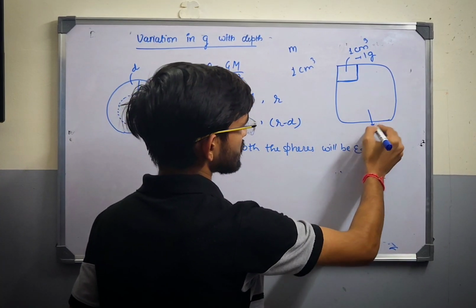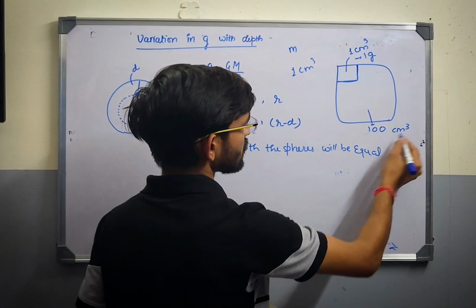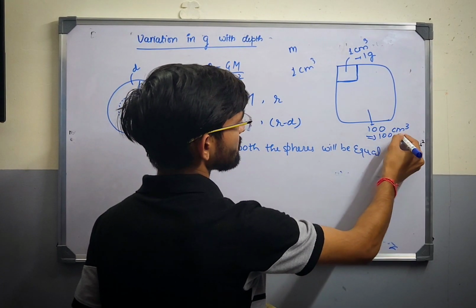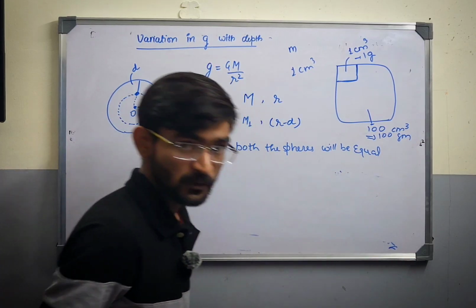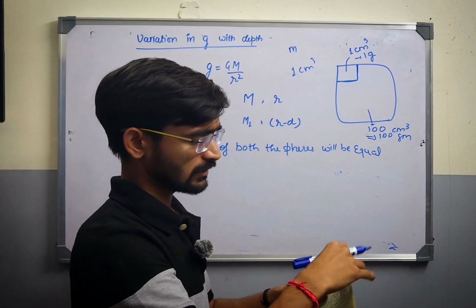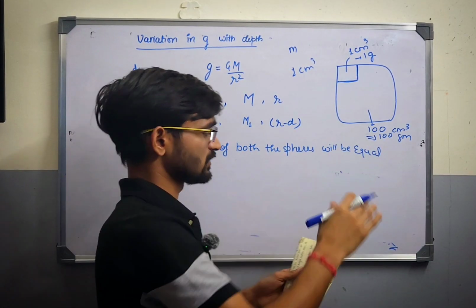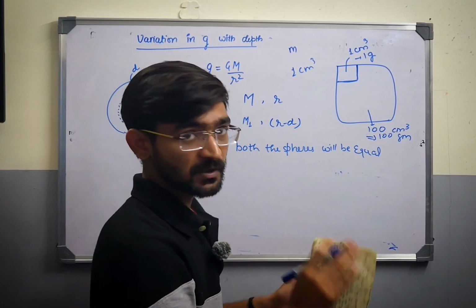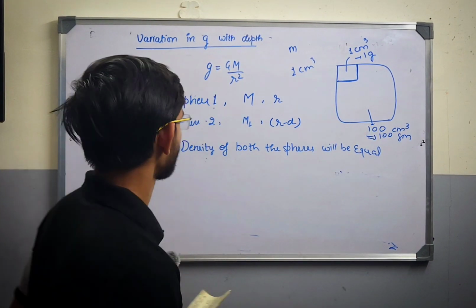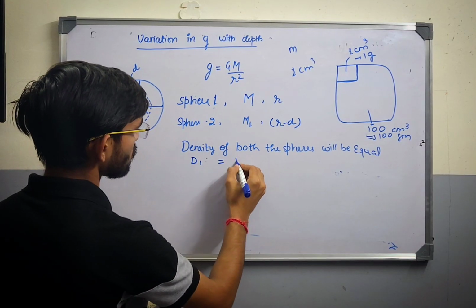If the volume of the whole paper is 100 centimeter cube, then the mass of this whole paper will be 100 gram, because this is one paper and its atoms will be arranged in a similar way throughout the whole paper. So we can say its density will be equal. So I can say density d1 equal to d2.